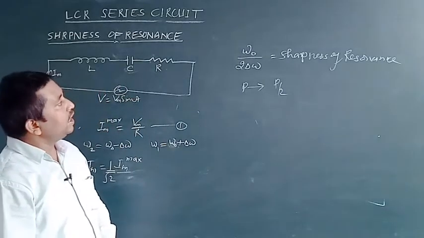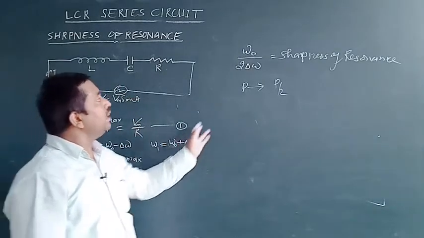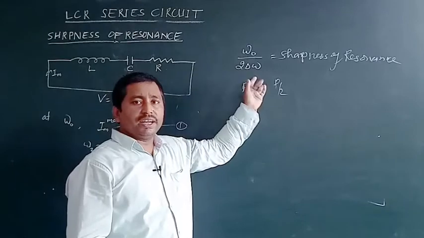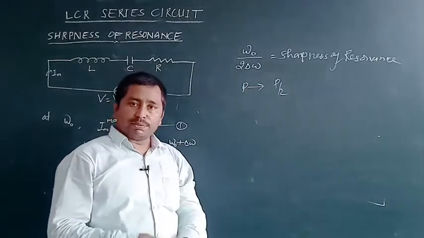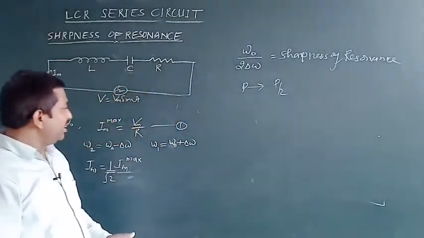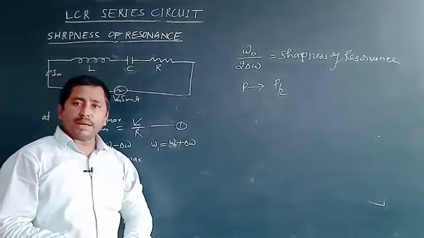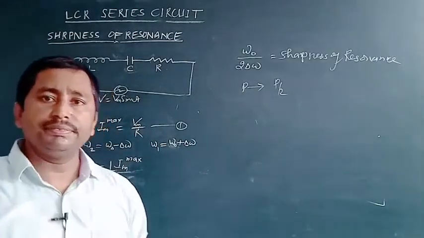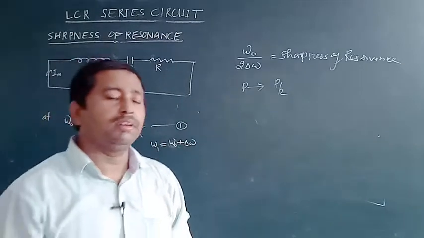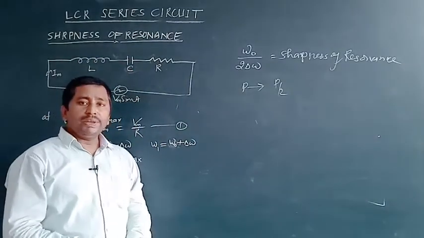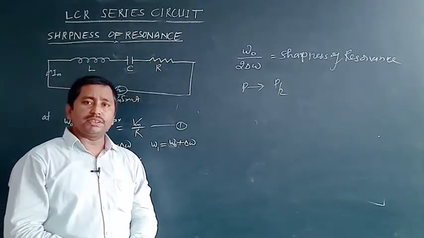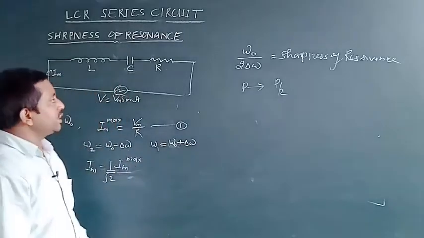So let us calculate an expression for delta omega, that is the bandwidth, which determines the sharpness of resonance. Okay, let us start our calculation.